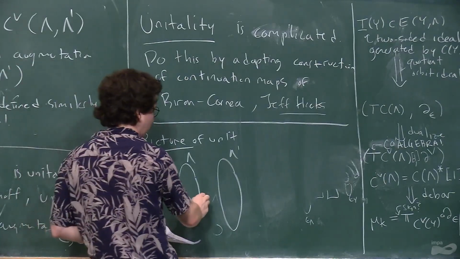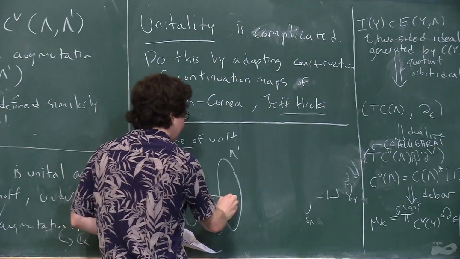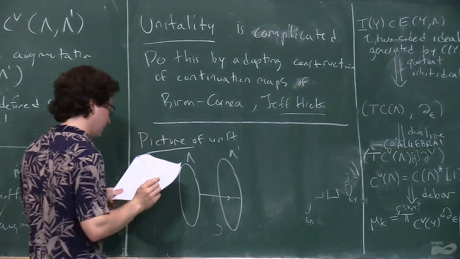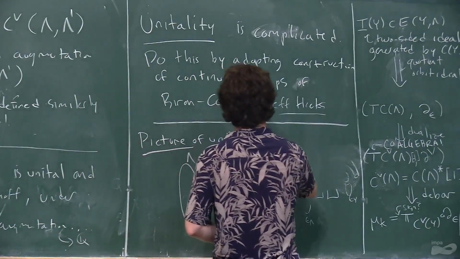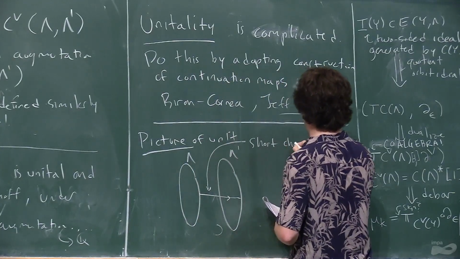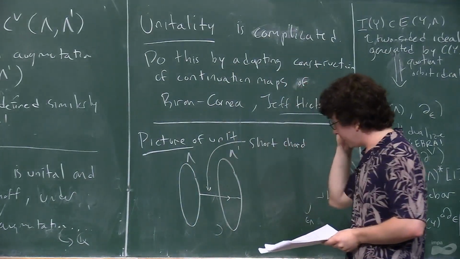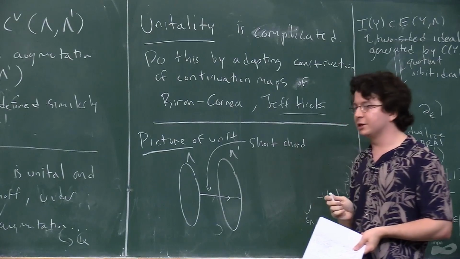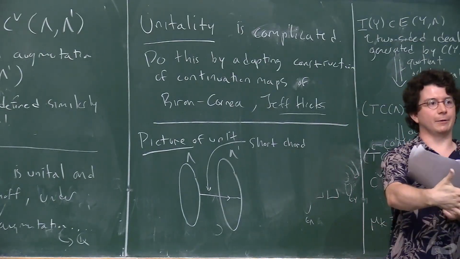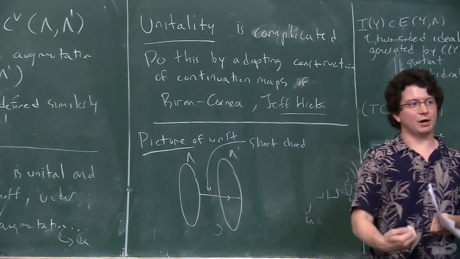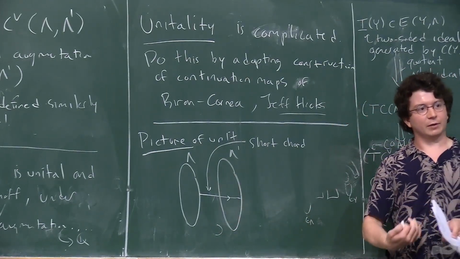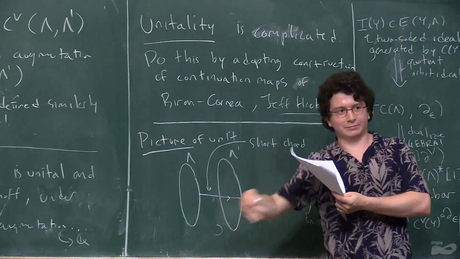One kind is a short chord going from lambda to lambda prime, and these come from the tiny Morse family corresponding to the original Legendrian itself. This is what happens if you Reeb flow the Legendrian forward a little bit.